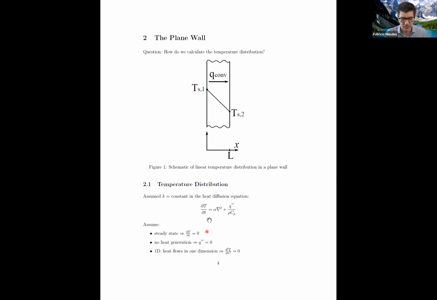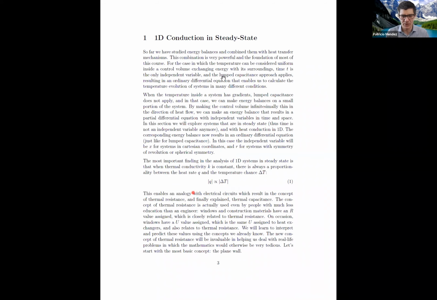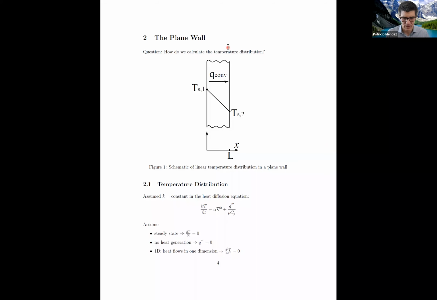In this equation, we are saying steady state, that is the point of this week. So if it is steady state, this term is going to go away. Let's say for now, no heat generation. If you look at the book, they get also excited about heat generation. It's just math. But right now, to start, let's say heat generation goes away. I also put in writing here, but forgot to highlight, that we have this Laplacian.